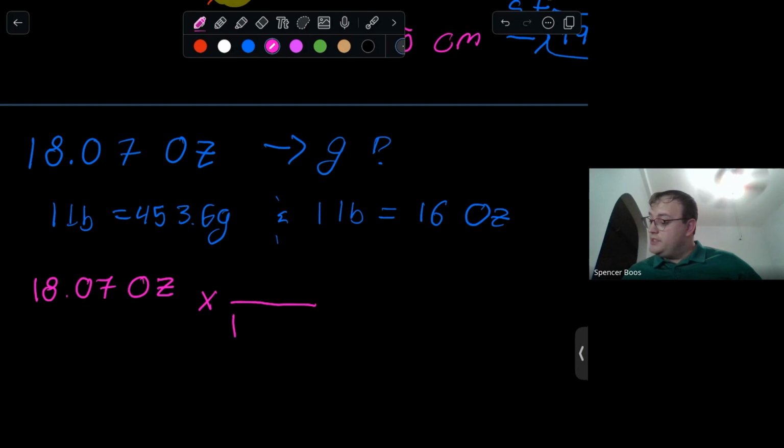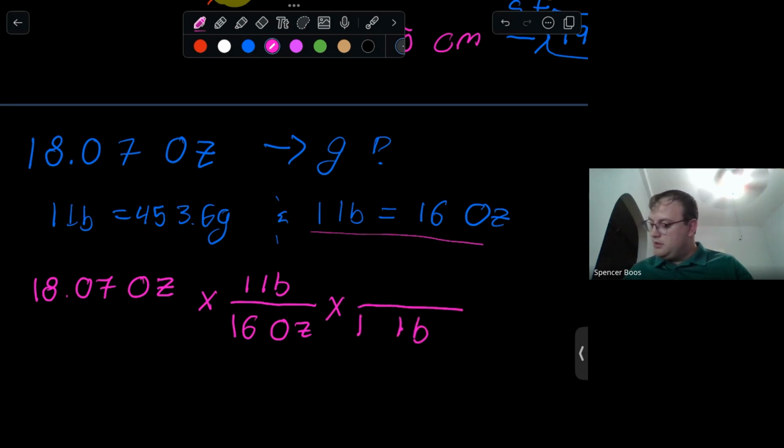I know that in every 16 ounces, that's 1 pound. And I know that from this relation there. Additionally, I know that in every 1 pound, I have 453, apologies, 453.6 grams.